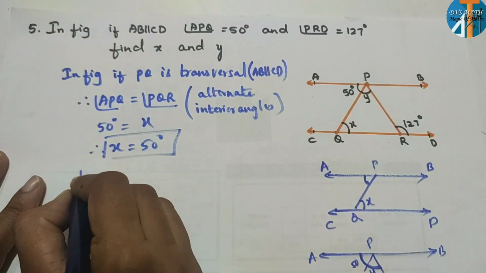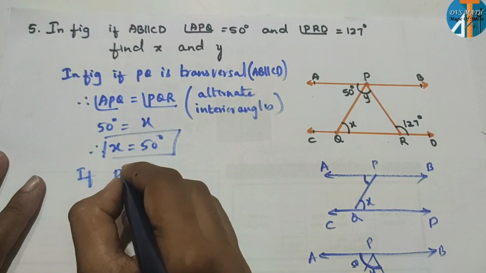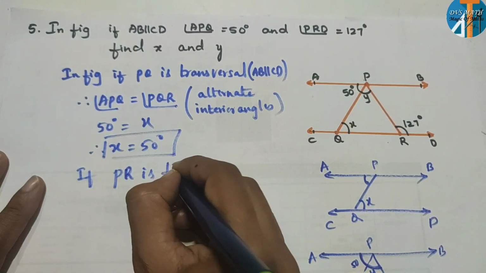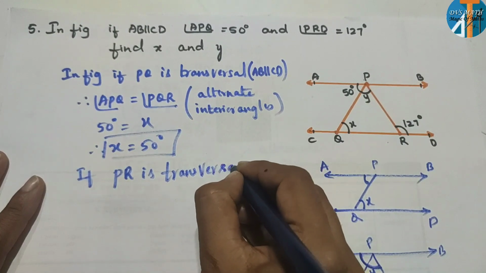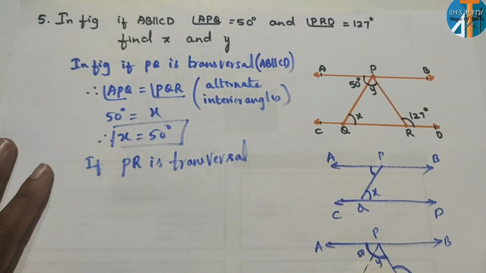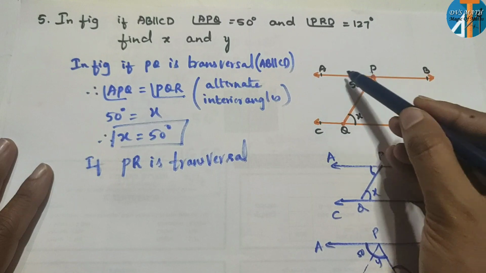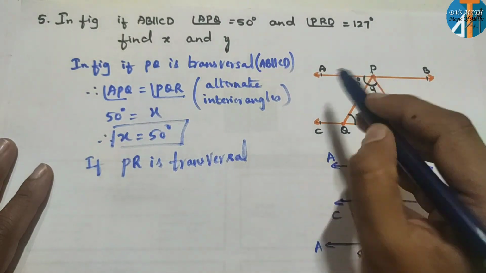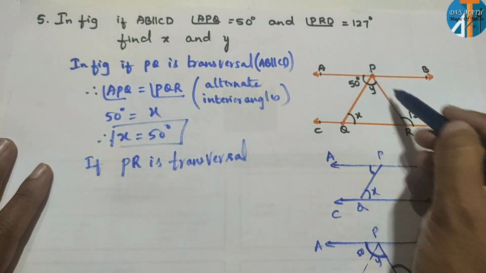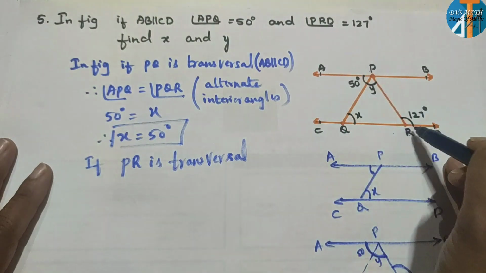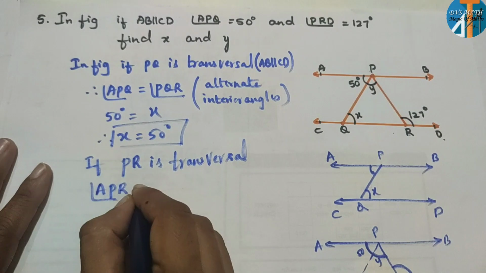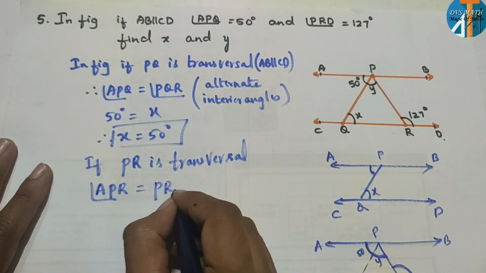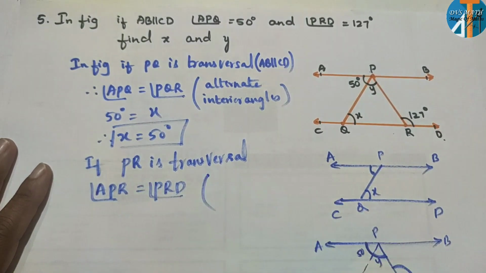Next, PR is a transversal. If I consider PR as a transversal, then here also APR, not APQ, APR is equal to PRD. Why are both equal?